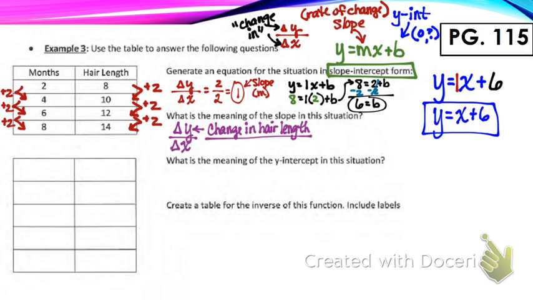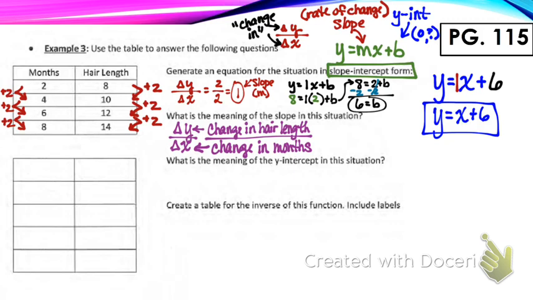What is x telling us about? The amount of months. So change in months. Did we say our slope was positive or negative?